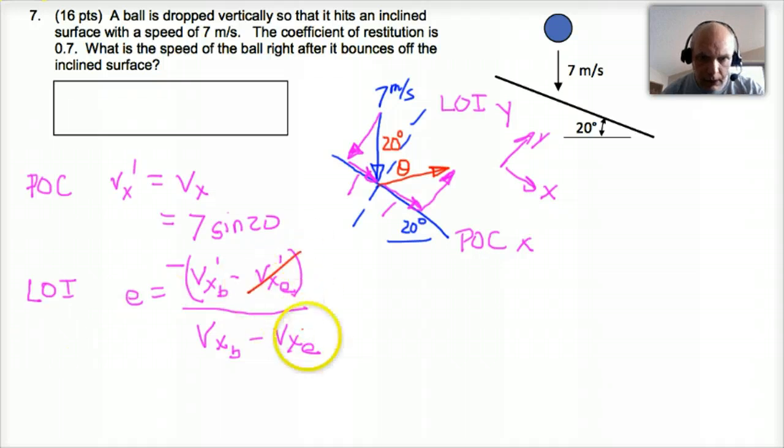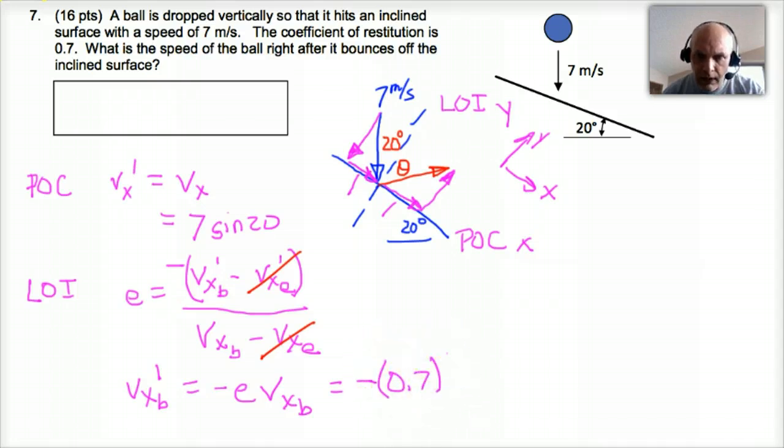It makes it a little bit easier since those are negligible. Solving this equation gives us Vxb prime is equal to negative E Vxb, which is minus 0.7. That's our value for E.